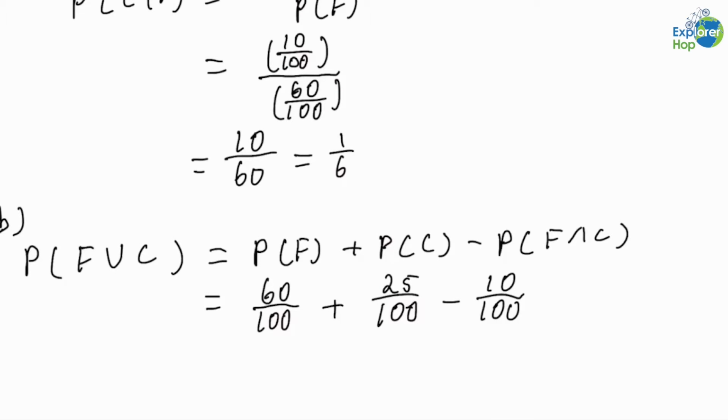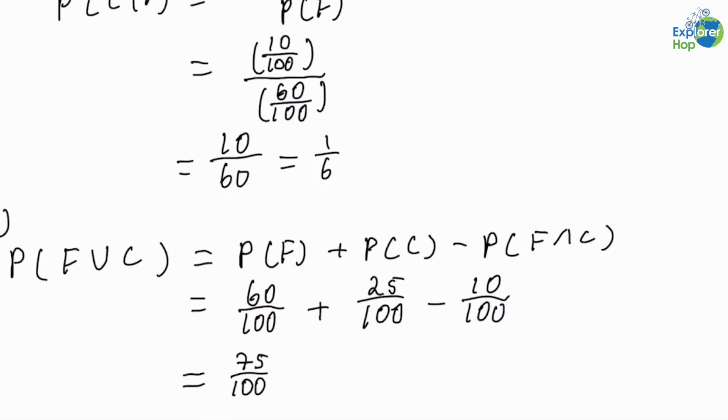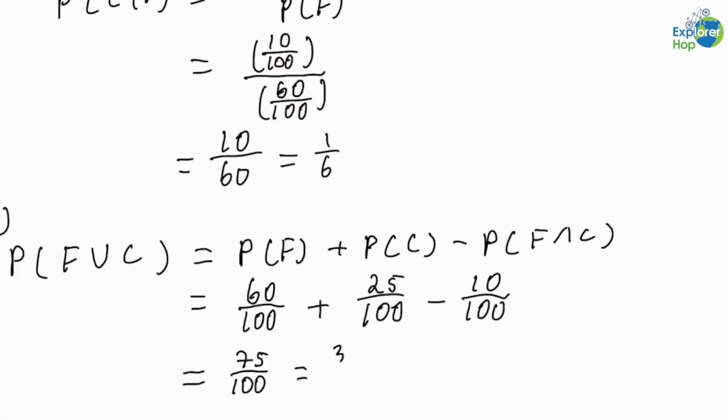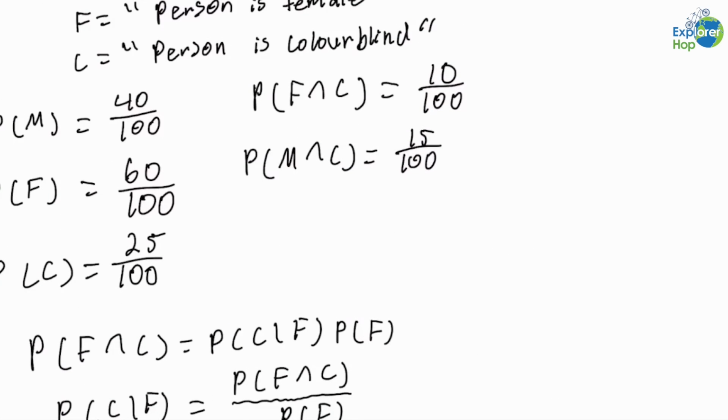And this is equal to 75 over 100, which is equal to 3 over 4. So this gives us the probability of a person being colorblind or female.